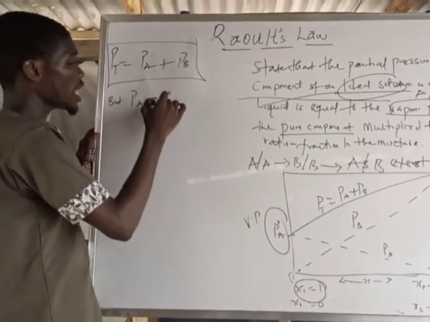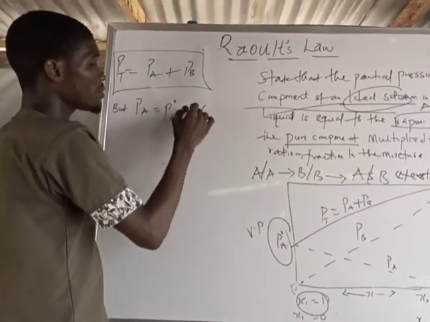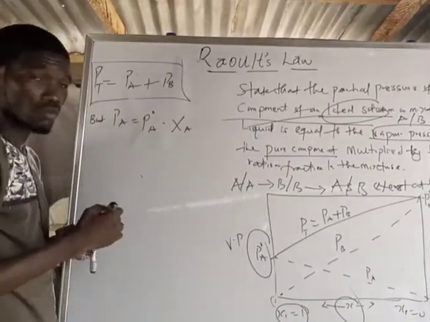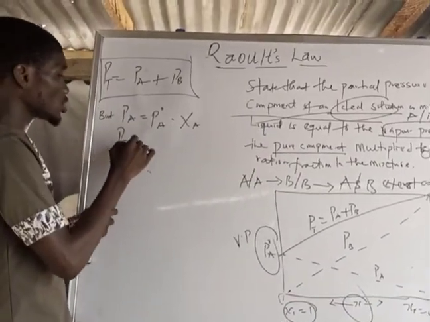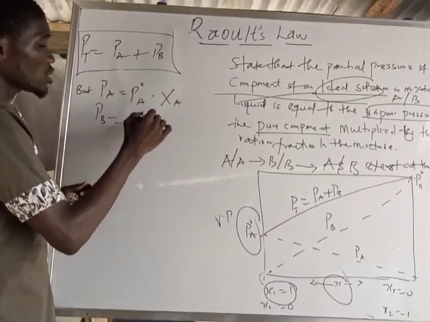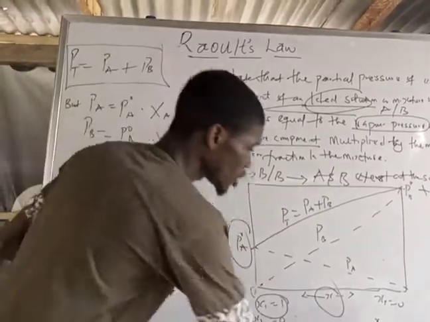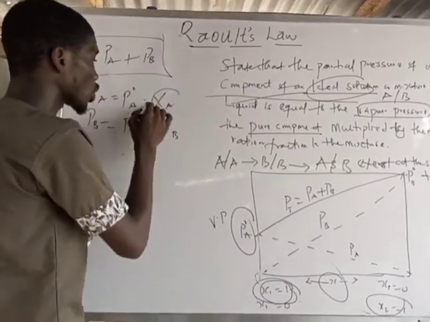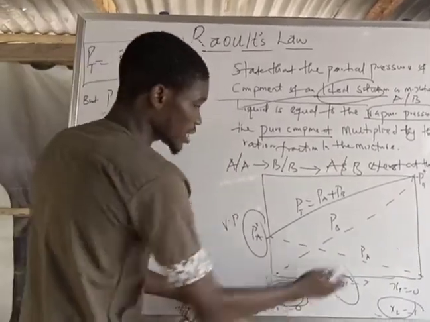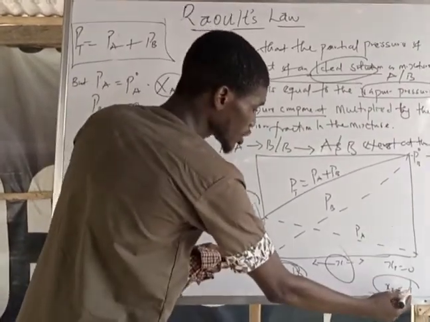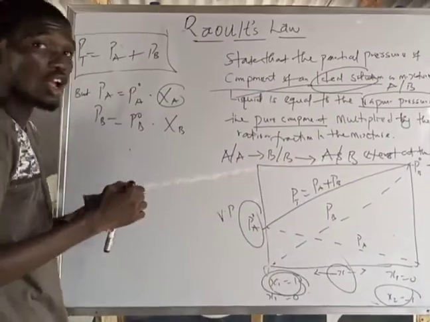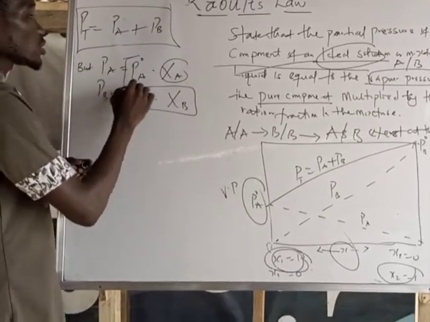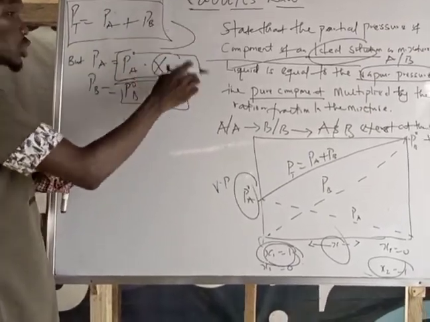So we have Pa naught multiplied by the mole fraction of A. The next one, Pb is equal to Pb naught multiplied by the mole fraction of B. So I can decide to use x equal to 1 as the mole fraction of A at this end, then x equal to 2 as the mole fraction of B. So now let's substitute these two here.